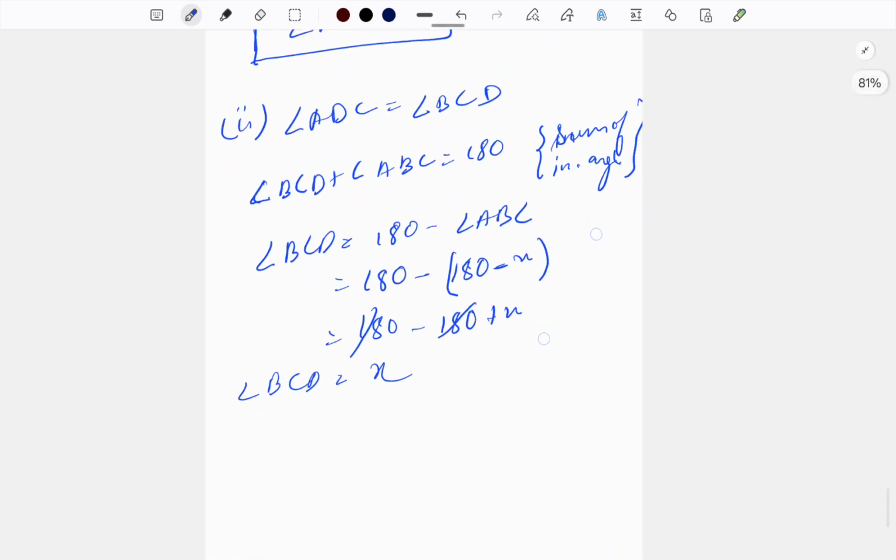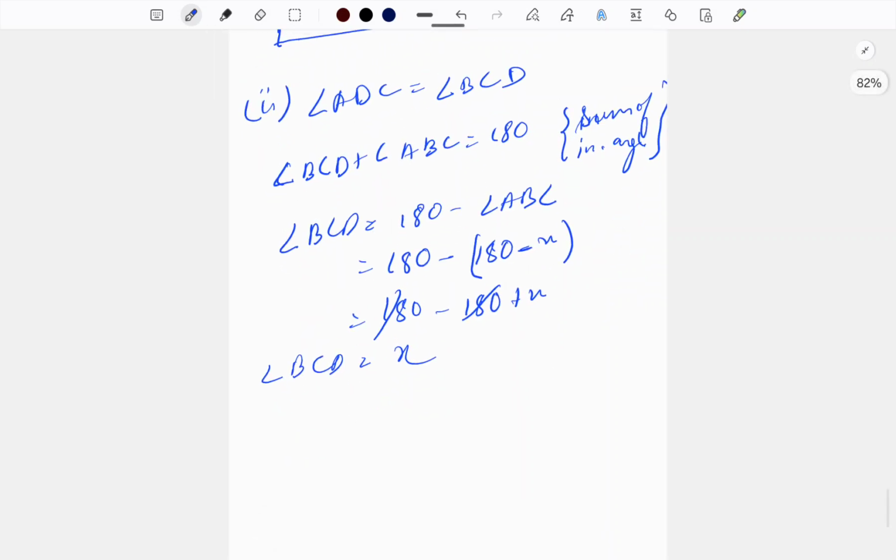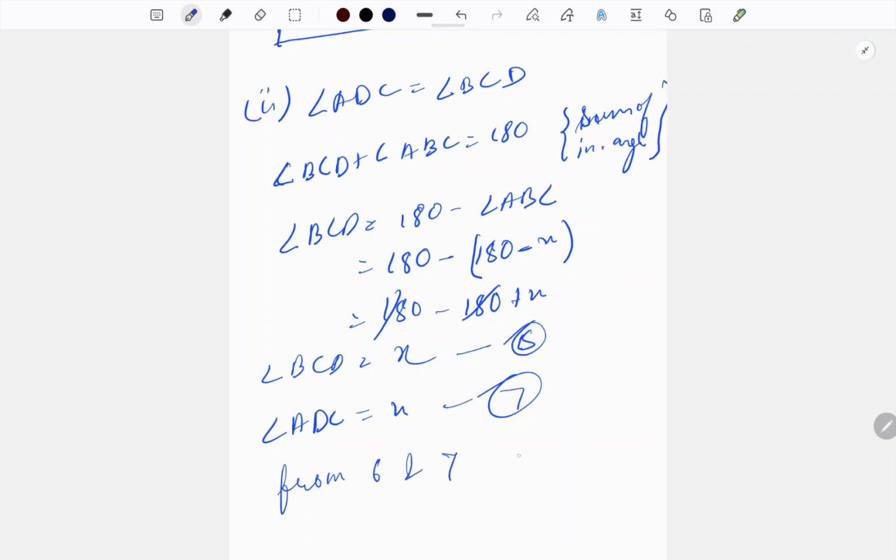ADC is x, already we have taken. So let us mark it as equations 6 and 7. So from 6 and 7, angle C is equal to angle D, hence proved.